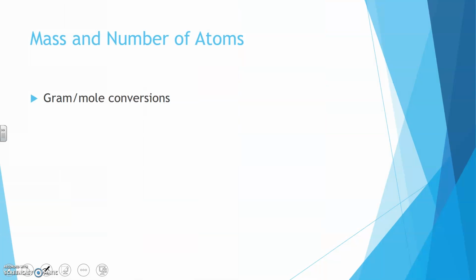So, using these molar masses from your periodic table, you can actually do gram to mole conversions. Asking somebody to measure out, say, 5 moles of a substance is not all that helpful because we don't have a good way of actually measuring moles. So you would have to convert that number of moles into grams, because then you can just go ahead and use your grams, and that's relatively easy for us to do.